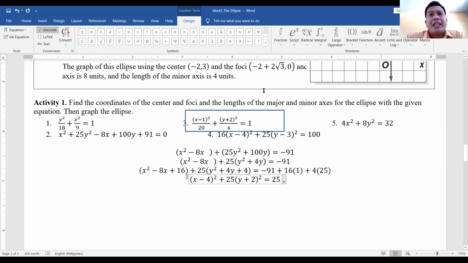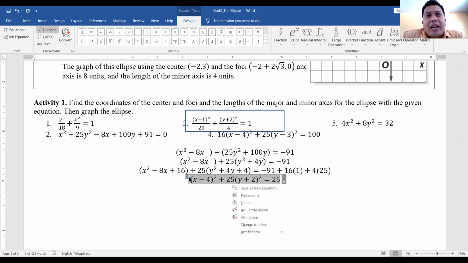Now, class, our target is this expression, the one with the denominators of both terms on the left. But on the right, it should only contain a 1. Therefore, let us make this 1 as well. How are we going to make that a 1?